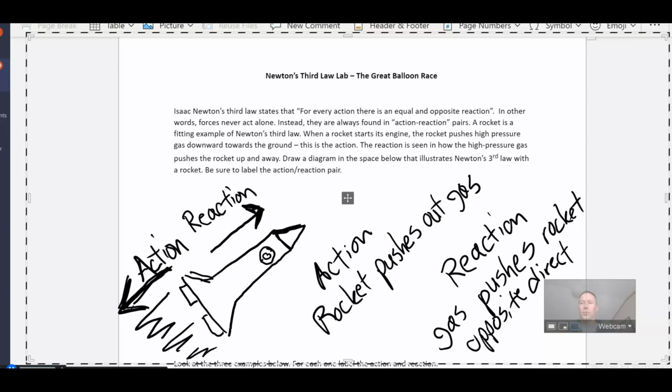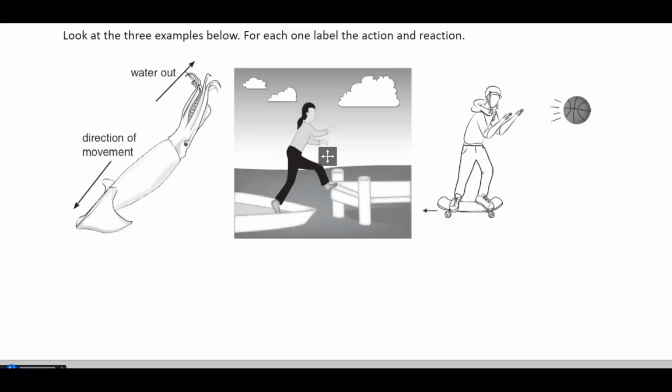Because remember, Newton's third law says that for every action, there's an equal and opposite reaction. So the action is downwards, the reaction is upwards, okay? Equal and opposite. All right, now we're going to move on.